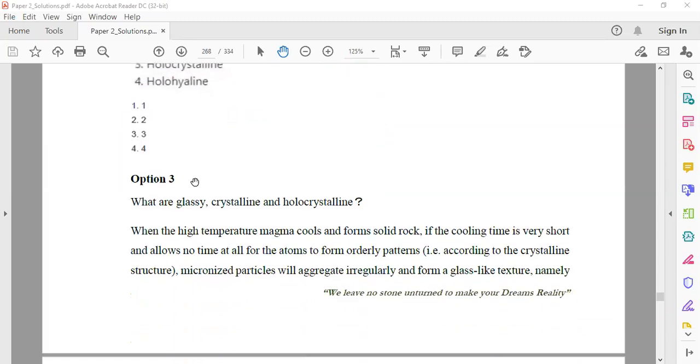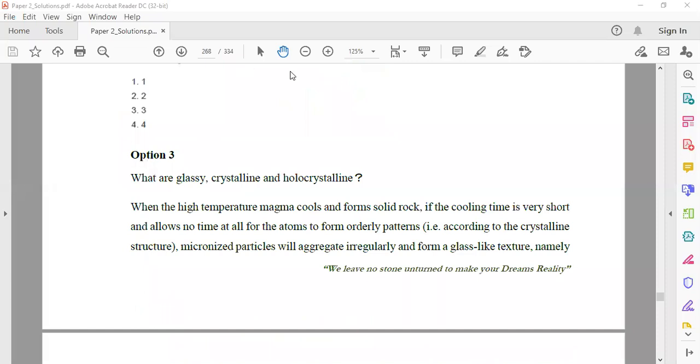So let's have a look at what are glassy, crystalline and holocrystalline, which have been asked in your question, right?